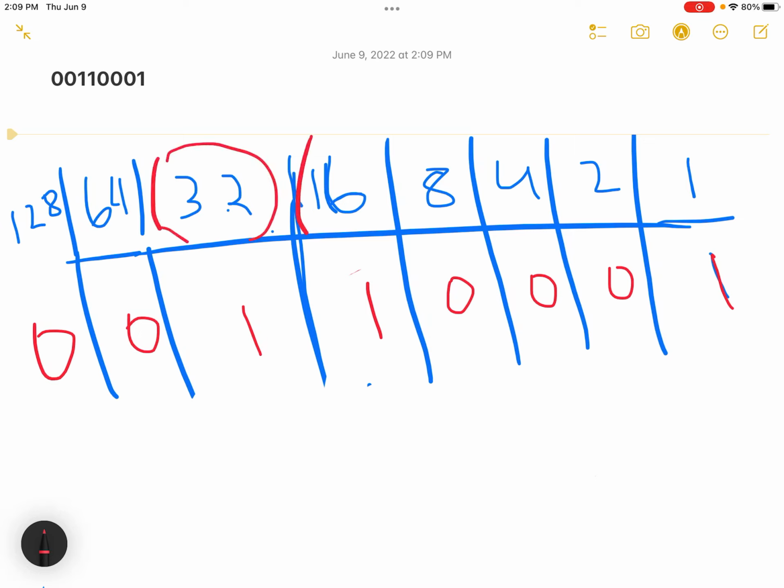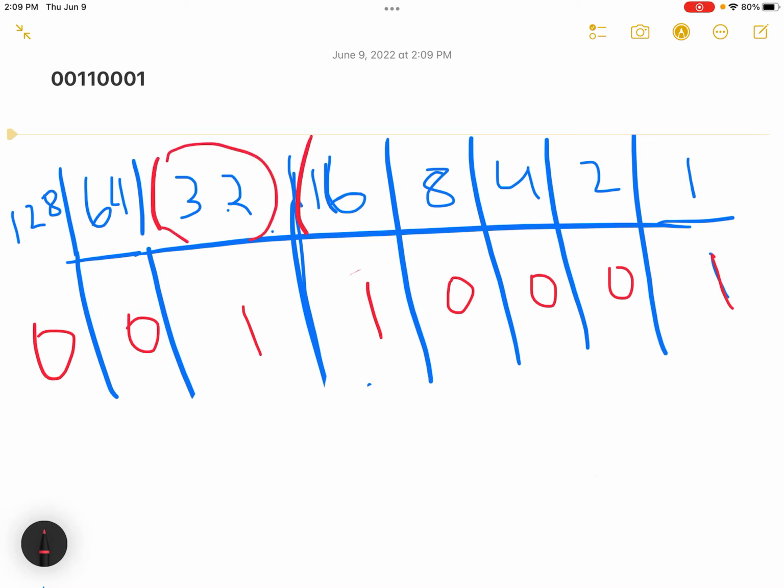Then add up all the numbers together and you will find the decimal number corresponding to the binary number. So what is it now? 32 plus 16 is 48, and 48 plus 1 is 49.